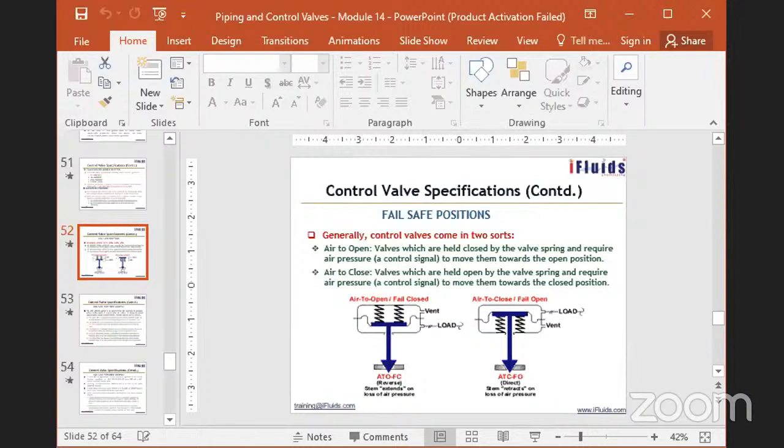So can you explain about a self-regulating valve, PCV, and solenoid valve? PCV I have missed in this presentation. A self-regulating valve is a valve with a sensor attached to it. There are two types of self-regulating valves.